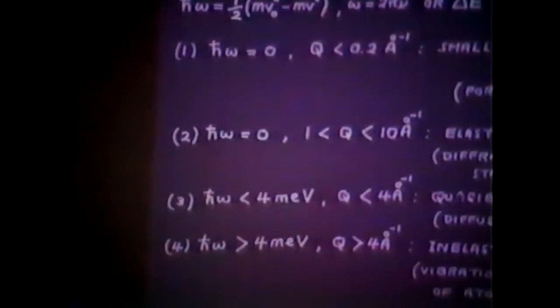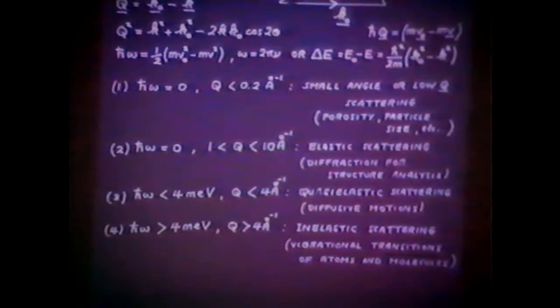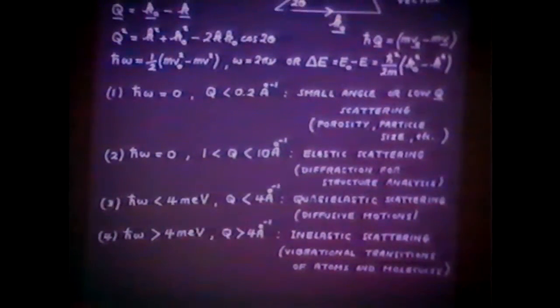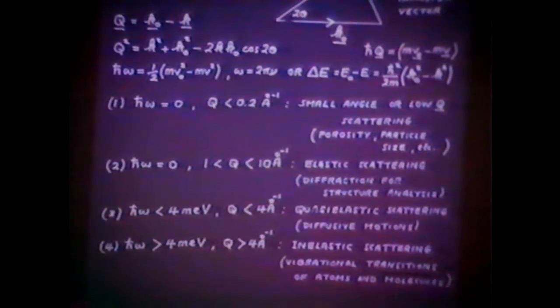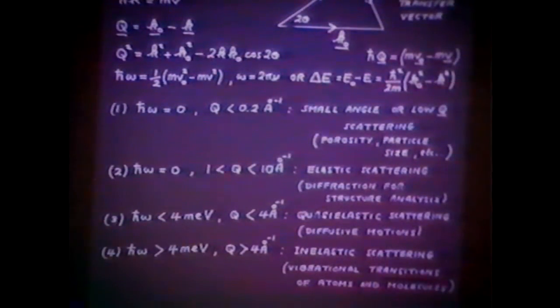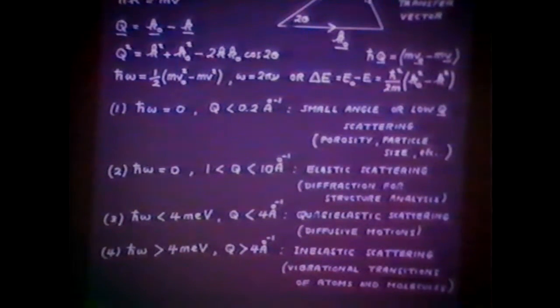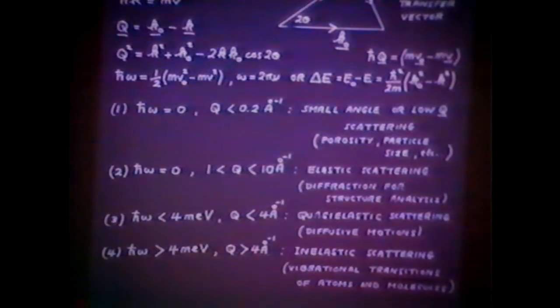We've got the four possibilities: small angle, or low Q. Low Q is perhaps a better, more accurate term. Elastic scattering, diffraction, structure, which we won't concern ourselves with. Not much in relation to surfaces yet where that comes in, although I wouldn't exclude it. Quasi-elastic scattering, which gives diffusive motions, and one can measure, say, the variation of diffusion coefficient with coverage, or distance from the surface. And inelastic, which I will cover more, the inelastic and the small angle. And those are the different ranges.